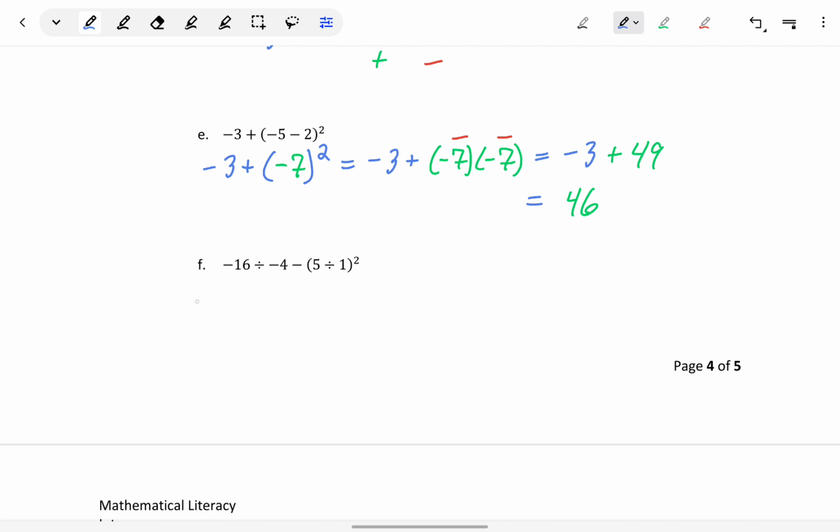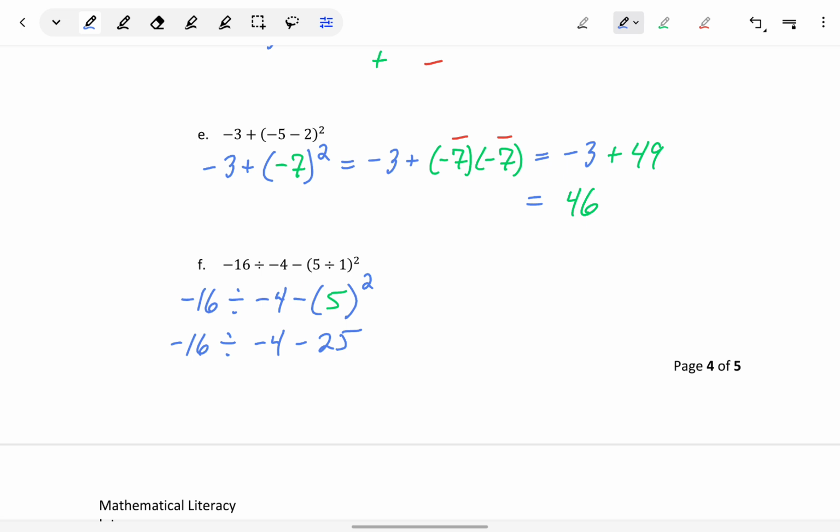And then in our last example that we'll look at, we have -16 divided by -4 minus the quantity 5 divided by 1, squared. The parentheses will be our first step since that's what's in parentheses. 5 divided by 1 will just be 5, squared. So this will give us -16 divided by -4 minus 25.